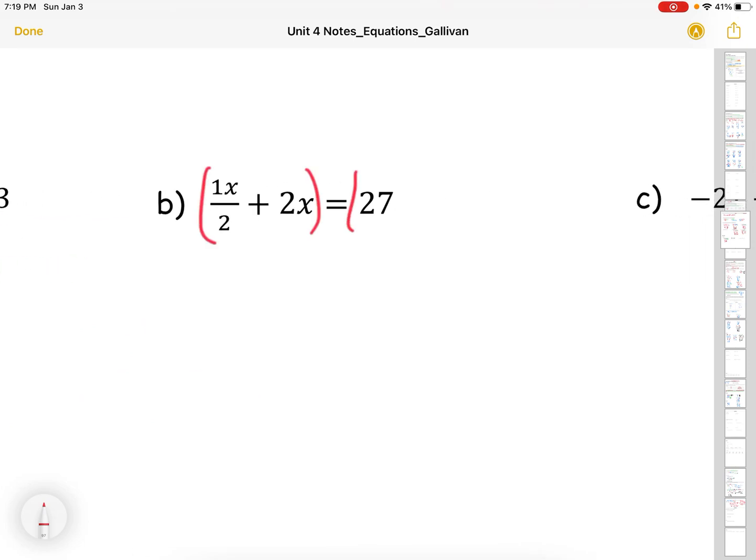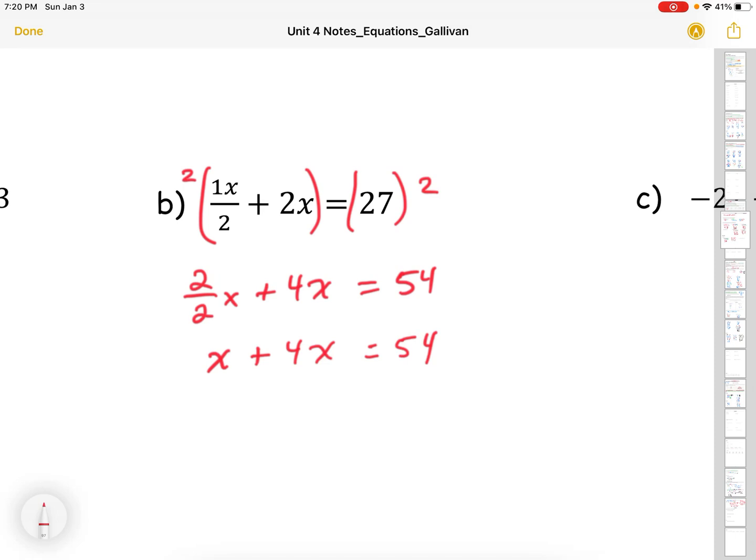Okay, let's do the next one. Now this is one where you can multiply everything by 2 to get rid of that denominator. So I'll get 2 over 2x plus 4x equals 27 times 2, which is 54. Now on this side, 2 over 2 is really x, right?